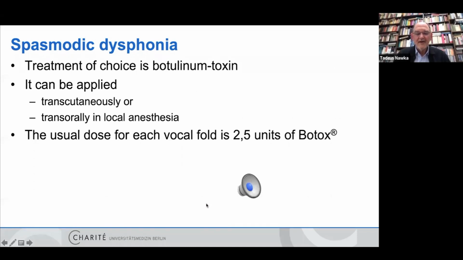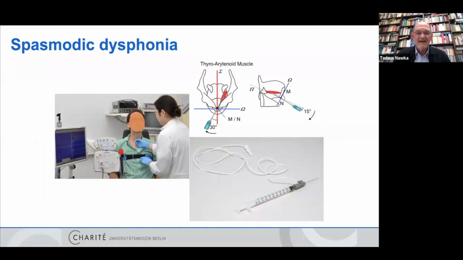Okay, I think you have heard this pressed voice, and this is actually the kind that needs to be treated. And here you see the treatment with botulinum toxin with a syringe, and we have a little needle with an electrode on it, so that we can really find and identify the thyroarytenoid muscle.